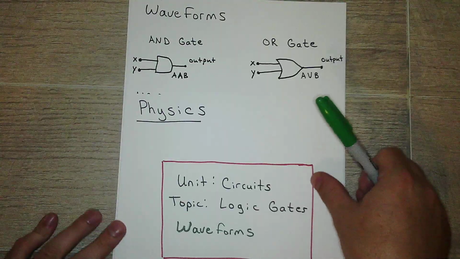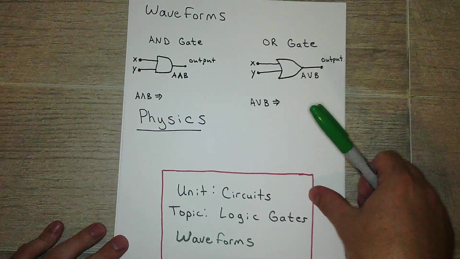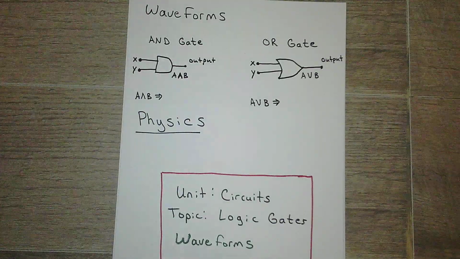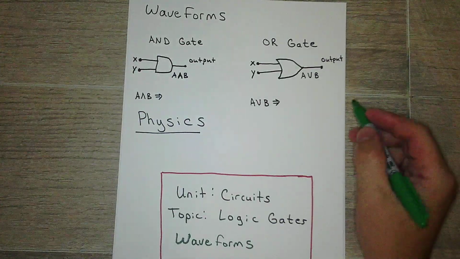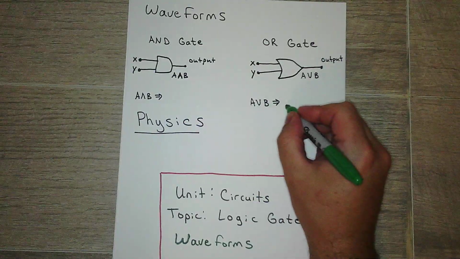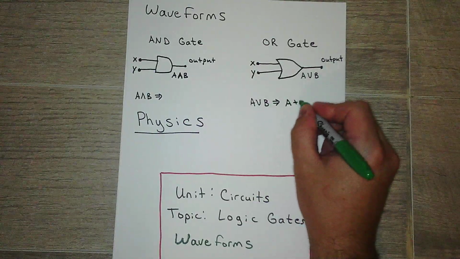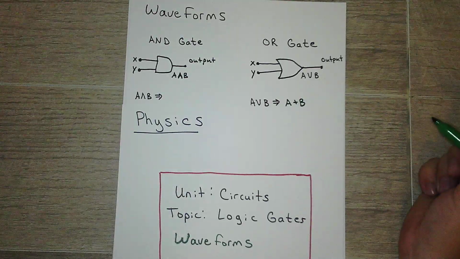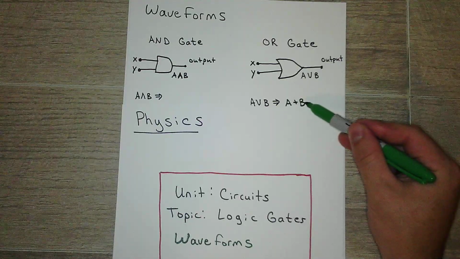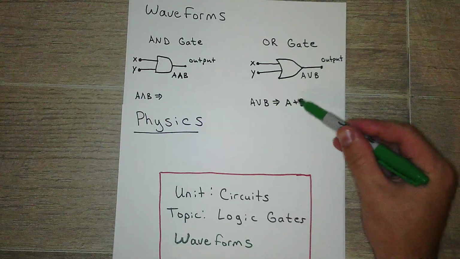So that's the very basic example. There is another way to write them, and you will probably like writing them this way a little bit better. For the OR gate, we use a plus sign. So that means the same thing, A or B. Plus sign means OR.